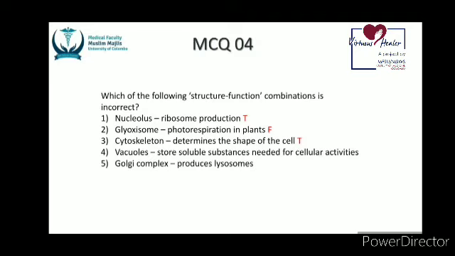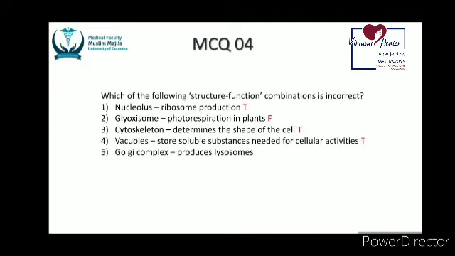The fourth statement, vacuoles store soluble substances needed for cellular activities. This statement is also true. Vacuoles are like storage bags within the cell cytoplasm, and they store soluble substances like water, ions, minerals, and sucrose.